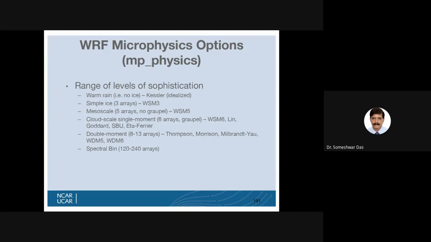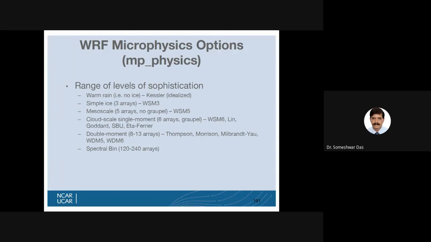But in the radiation calculation, as you have heard, we sometimes also get a better cloud radiation feedback if we have the number concentration of the cloud droplets or microphysical parameters. If we have the information about the number concentration of the cloud microphysical parameters, then we can have better feedback with the radiation.